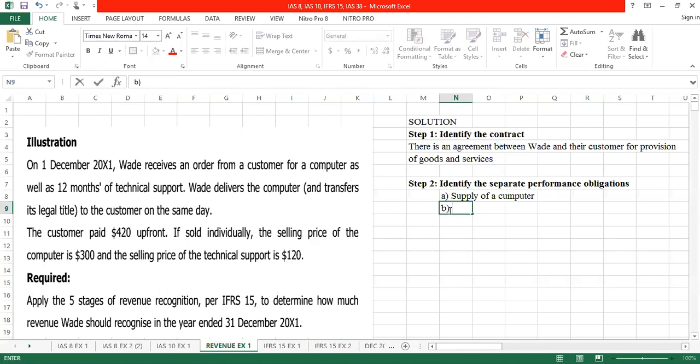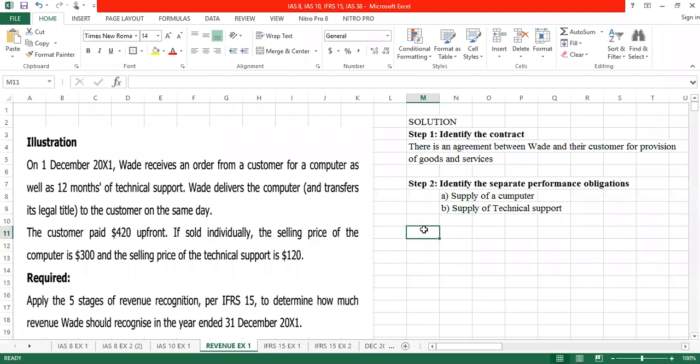Supply of technical support. Remember, we said revenue is classified into three: sale of goods and rendering of services. So A is the sale of goods. B is the rendering of services.